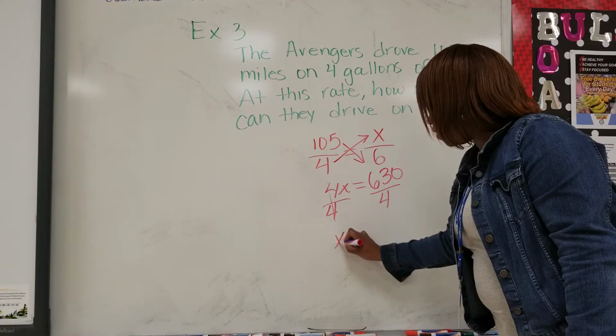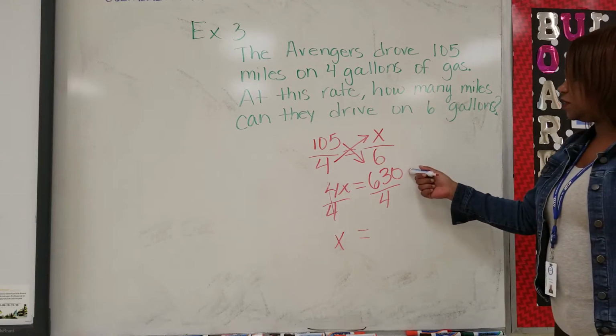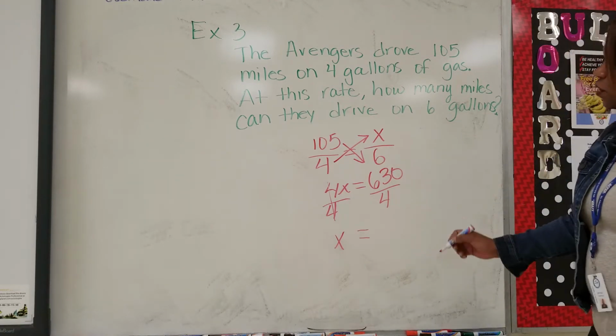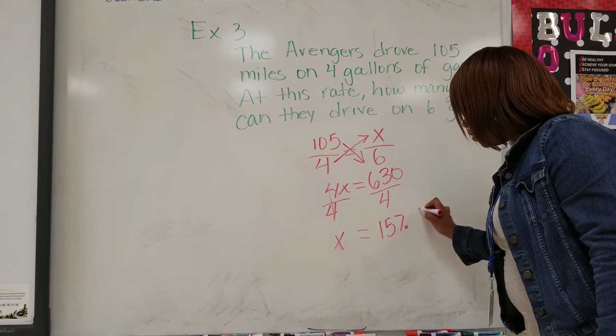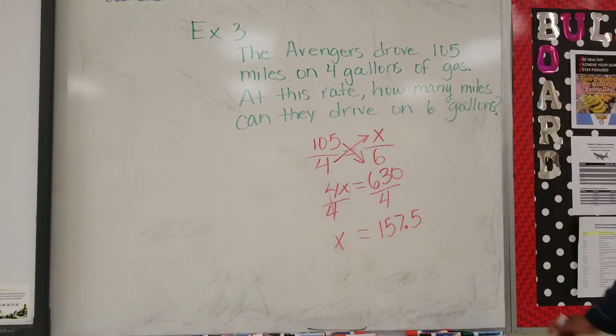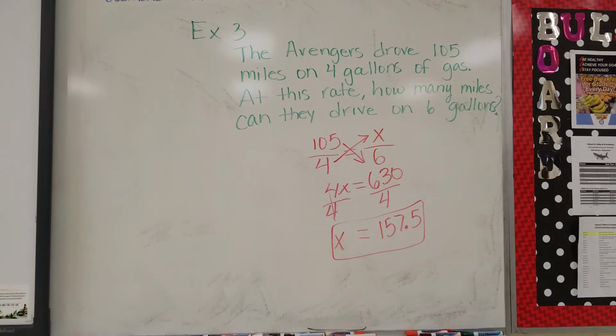These cancel out, we're left with X. And when you divide 630 by 4, you get 157.5. So how many miles can the Avengers drive on 6 gallons? 157.5 miles.